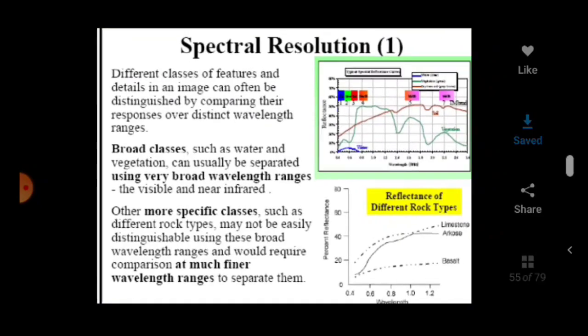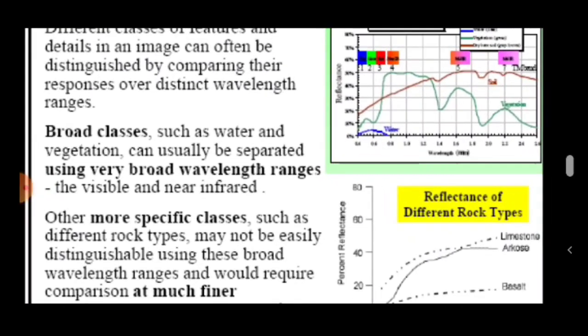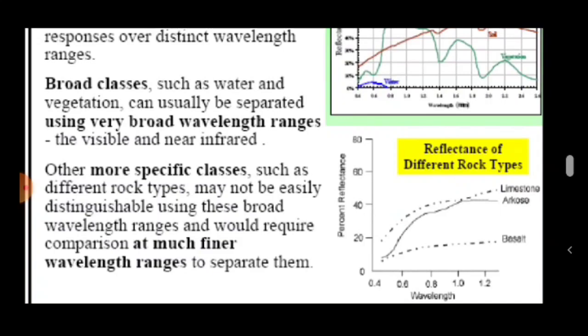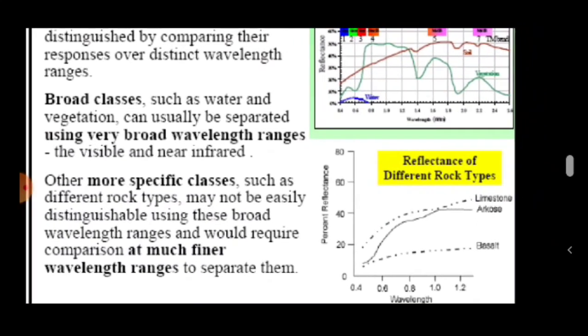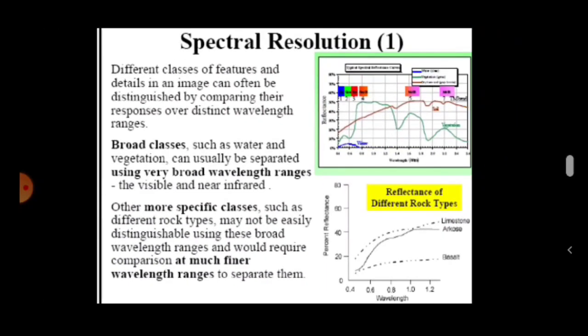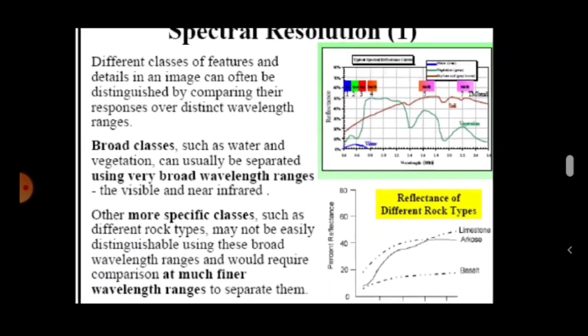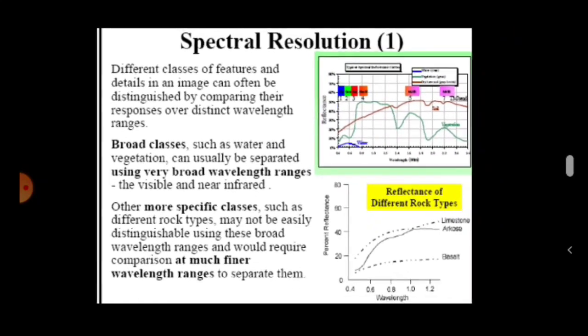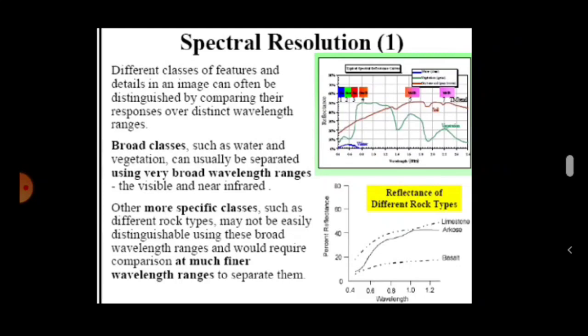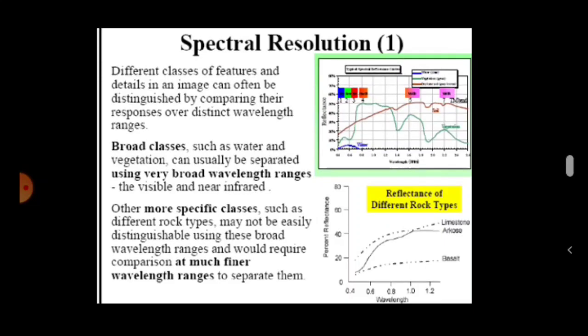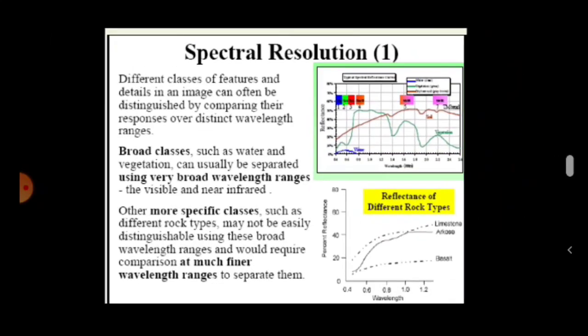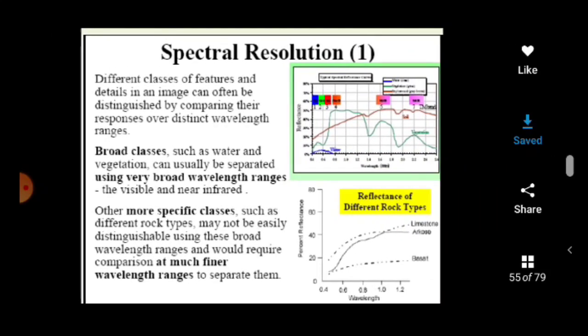Different classes are featured when it comes to spectral resolution. Broad classes, according to the application we use. If you want to separate some vegetation area, we have to add specific classes, or when it comes to geology, assume there's a rock type we need to observe through a remote sensing image, we require finer wavelength ranges according to our need.